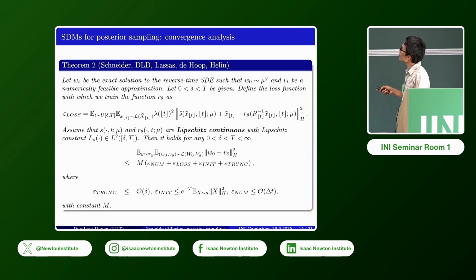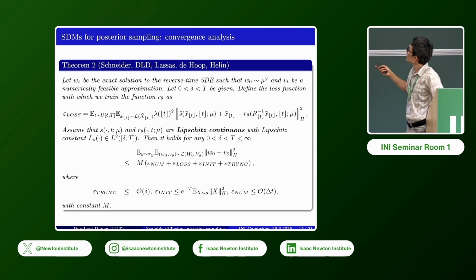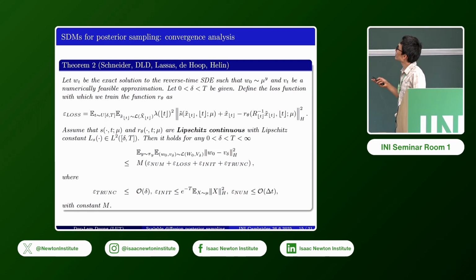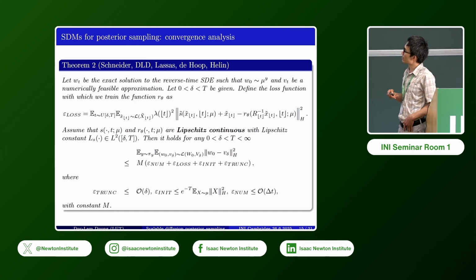The initial condition term is related to this T, when you don't run into infinity, but you have to stop the forward process at some big T. This epsilon loss is associated with the training loss, and this epsilon num is the numerical error related to this discretization, for example any approximation that you use.